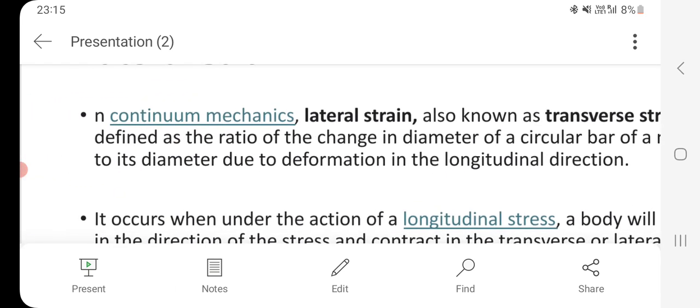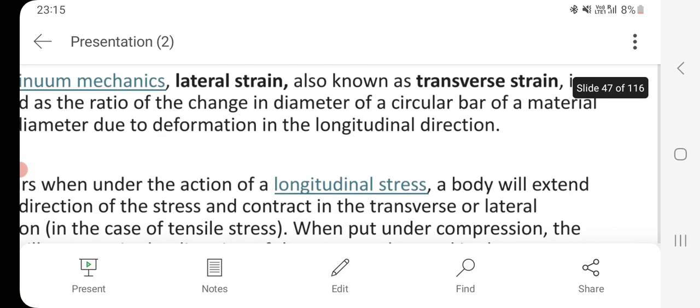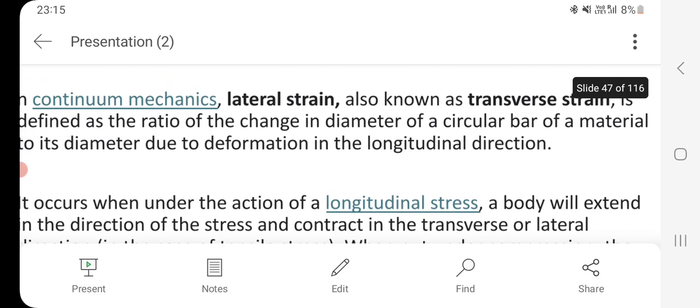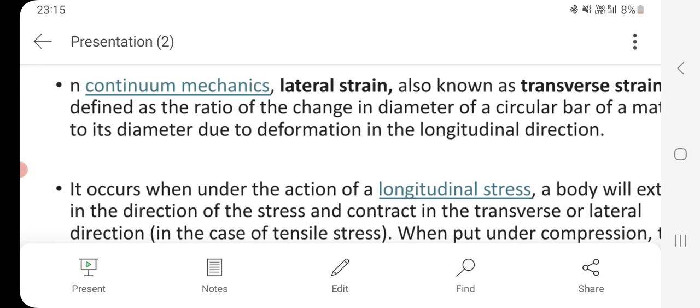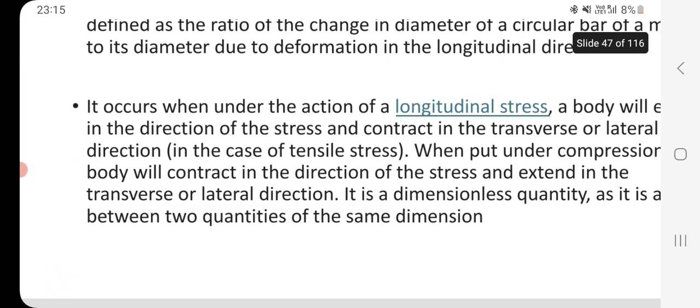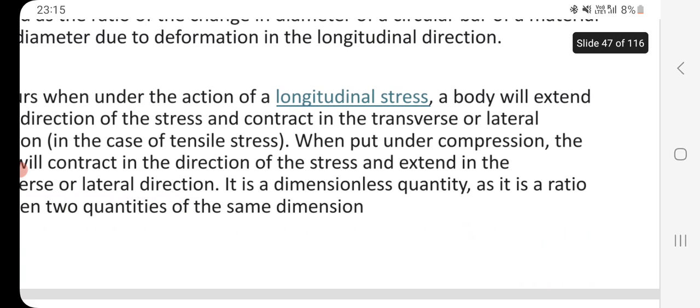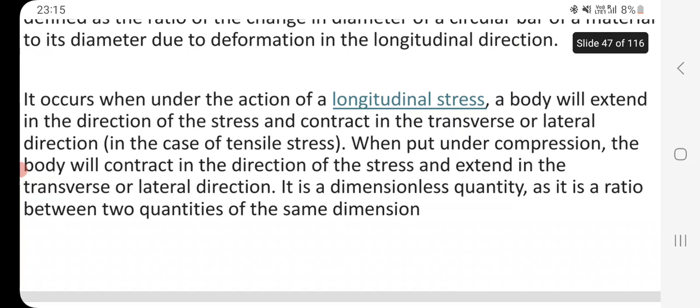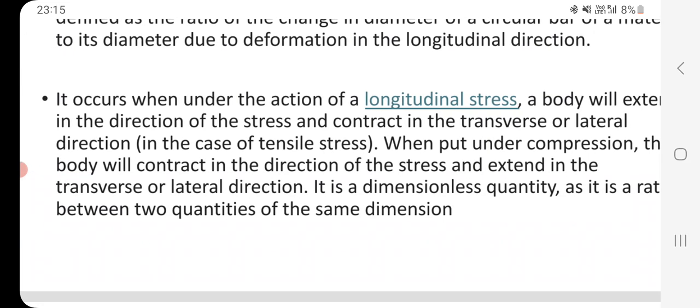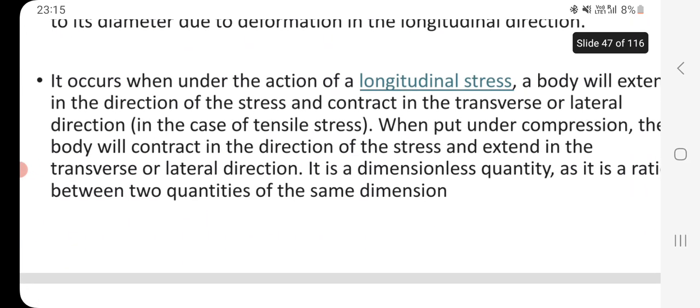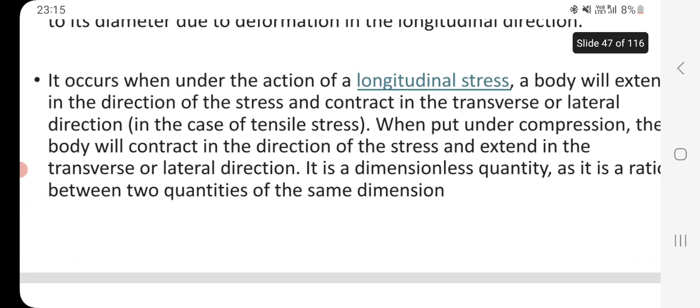It is defined as the ratio of the change in diameter of a circular bar of a material to its diameter due to the deformation in the longitudinal direction. It occurs when, under the action of the longitudinal stress, a body will extend in the direction of the stress and contract in the transverse or lateral direction.